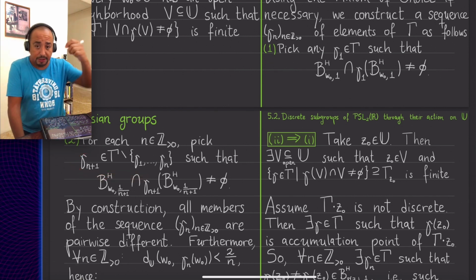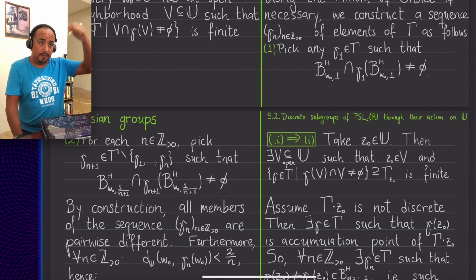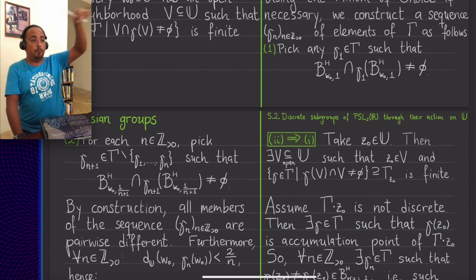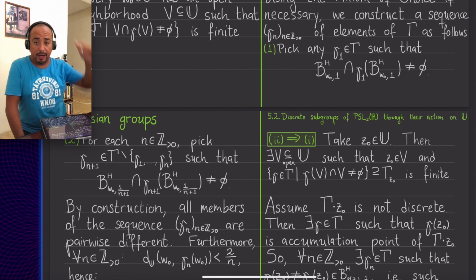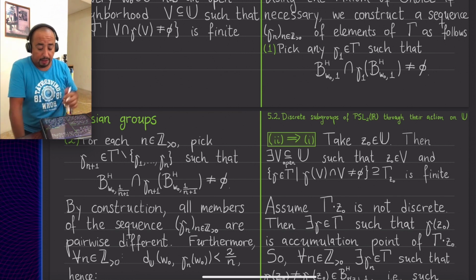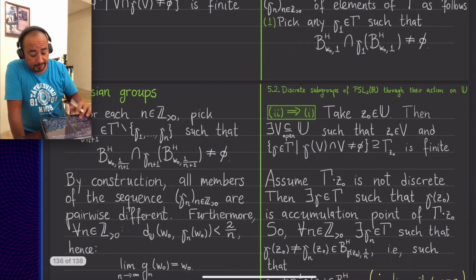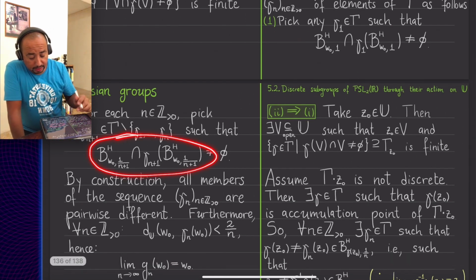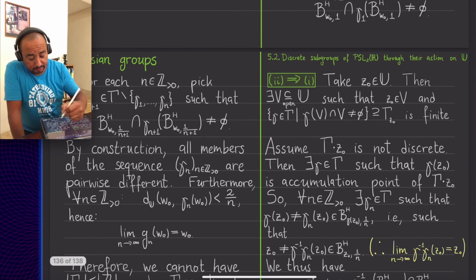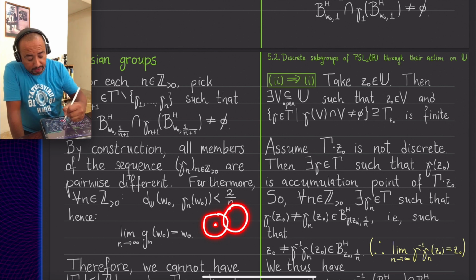Because in each step, in the recursive step, I make sure that I pick one different from the ones I picked earlier, right? So all of them are pairwise different. And furthermore, since I have this condition, if I take the ball around W0, let's say of radius 1 divided by n, and I apply gamma n, it intersects that ball in a non-empty set.